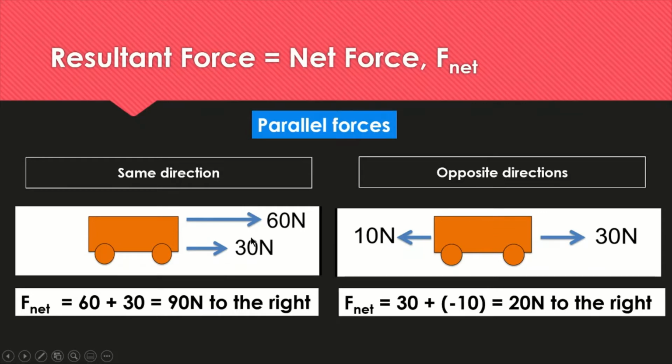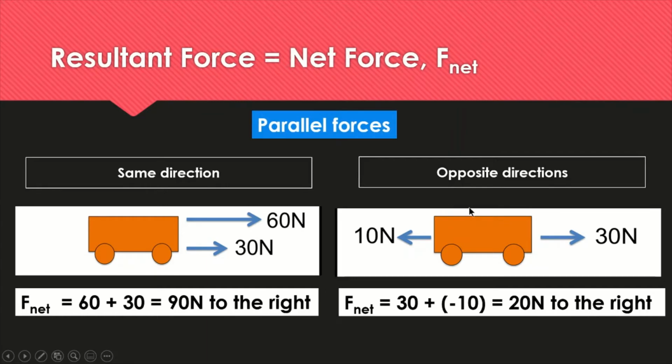Because force is a vector quantity, it has magnitude and direction. Because these two are in the same direction, we just simply add up the magnitudes of the two forces. So the net force will be 60 plus 30, equivalent to 90 Newton, and 90 Newton to the right.